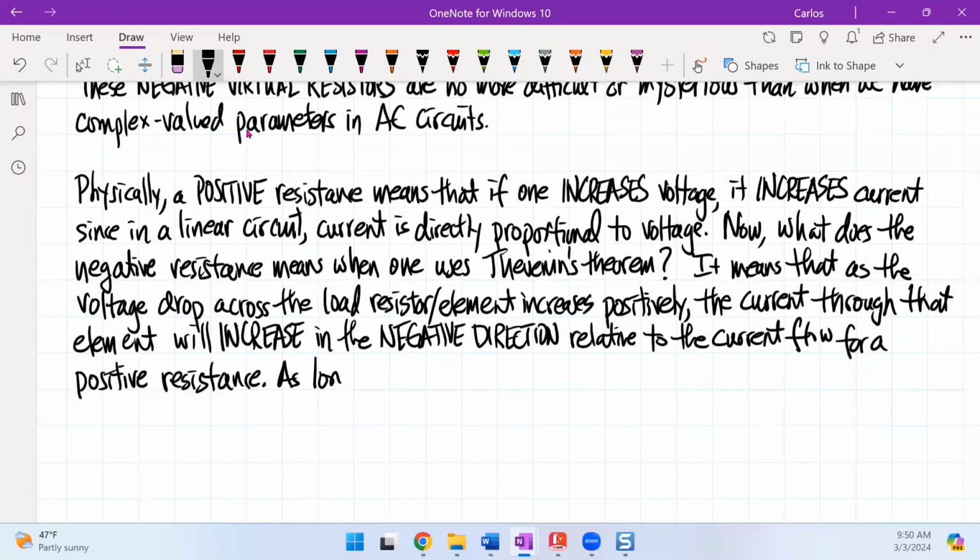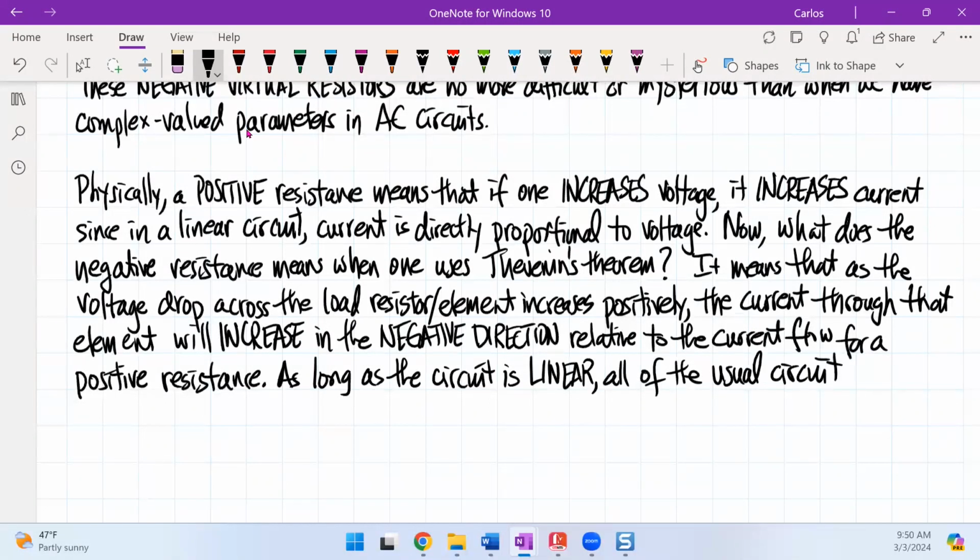As long as the circuit is linear, all of the usual circuit analysis rules still apply.